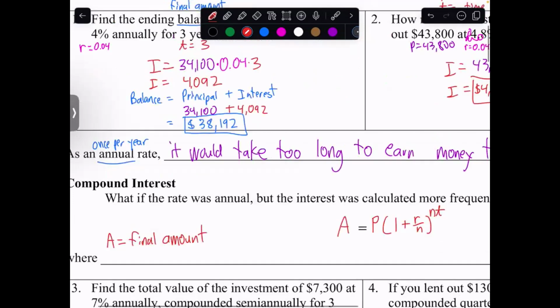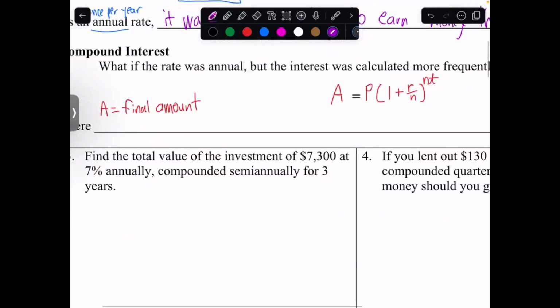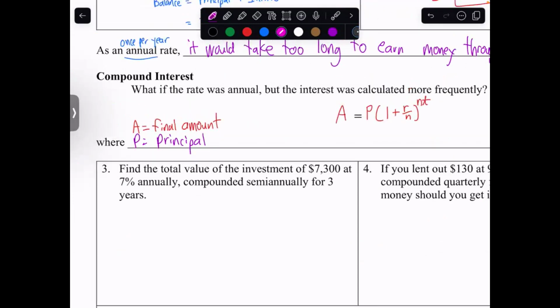Capital P will be the same thing it was before, which I did in purple. P is again the principal. Okay, lowercase r is still the interest rate. t is still the number of years.